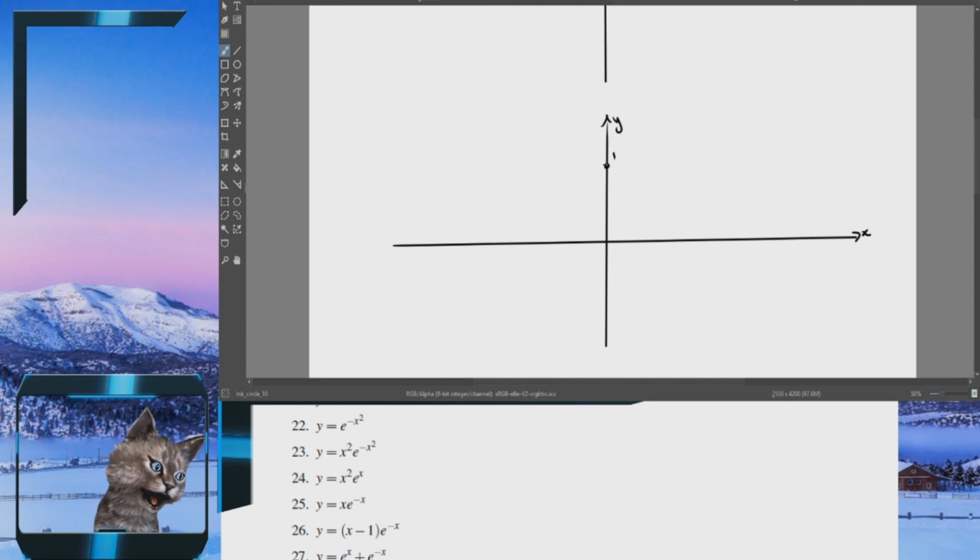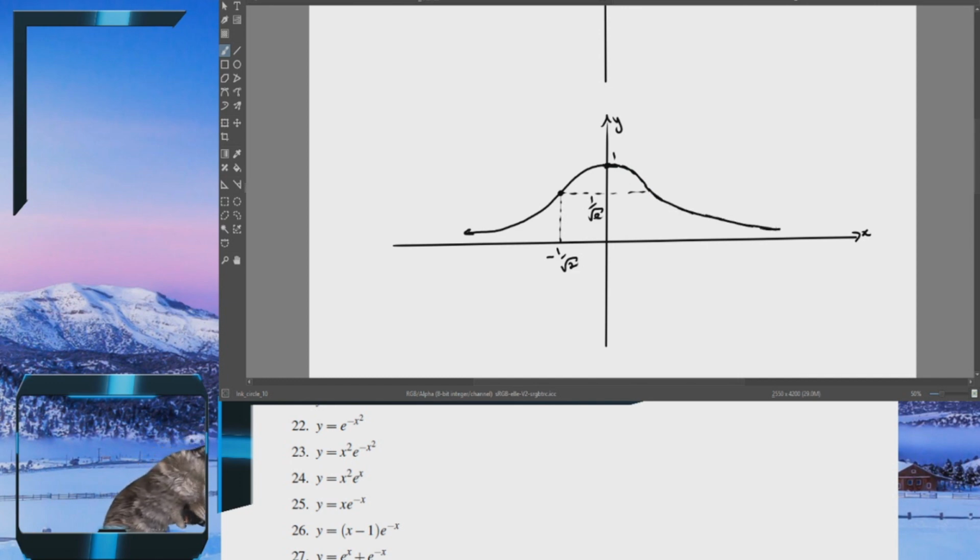I'm going to go down, bending, and it's going to change, maybe not right there, maybe over here, at negative 1 over root 2, 1 over root e, and then I'm going to go down and bending up to my asymptote, there, at 1 over root 2. And there we go. That is the graph of e to the negative x squared.